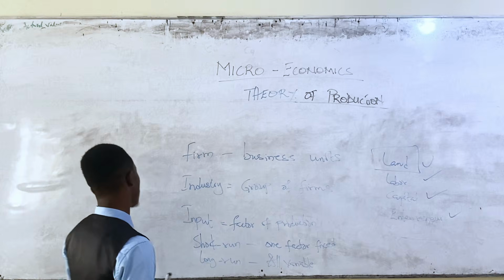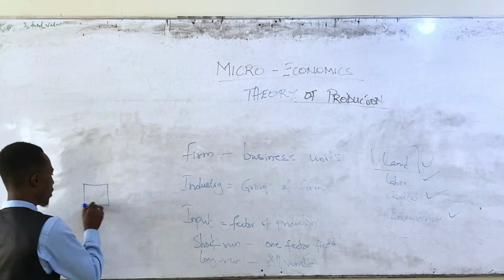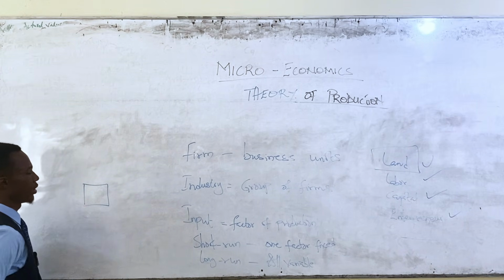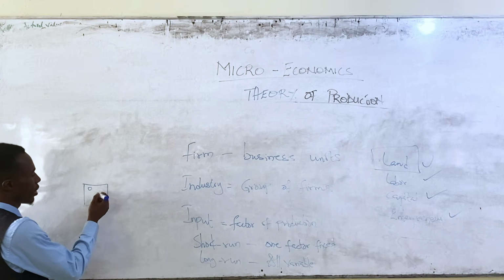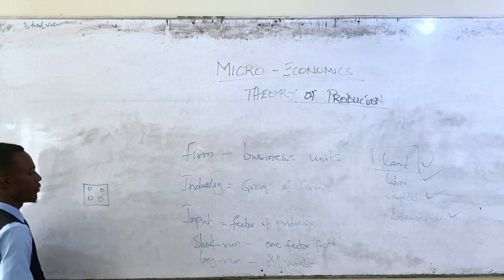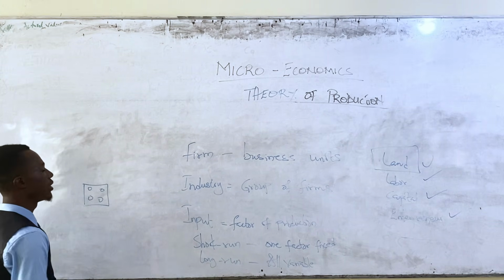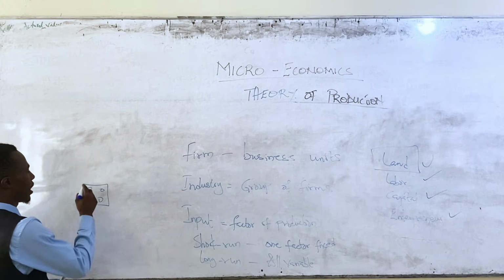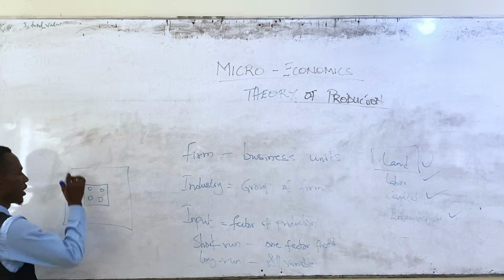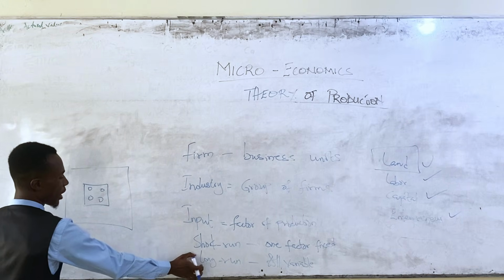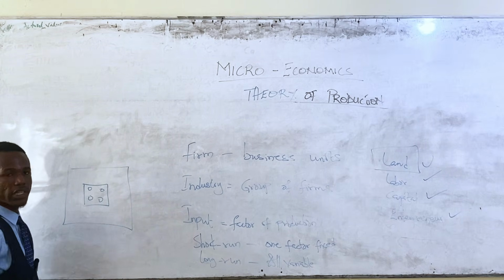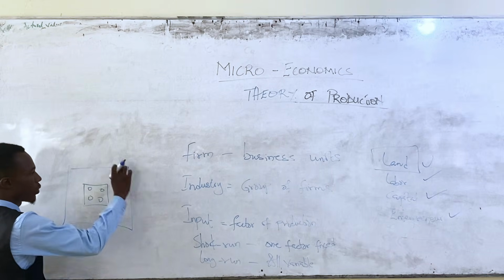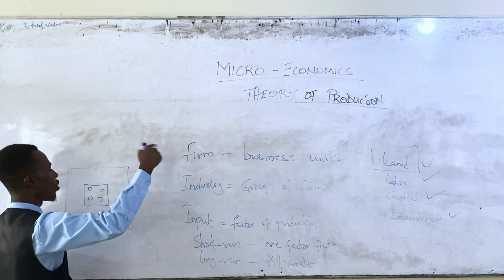When you get a plot of land initially, maybe you are producing plywood and the rest, but if your business is in the long run, it will get to a point in time that you will need to expand the land to a bigger size. So you see that the land in this time period is not fixed. It adapts to changes. Once you expand the land, you are going to employ more people, right?